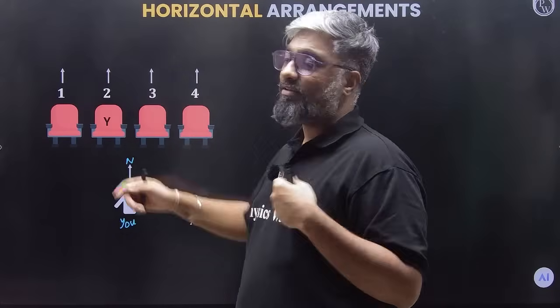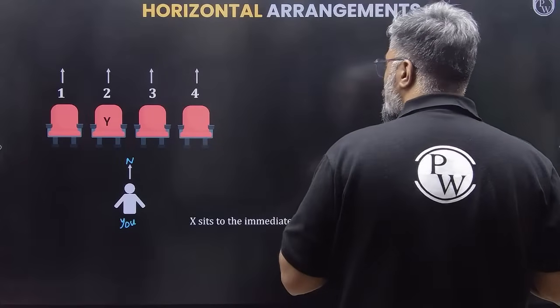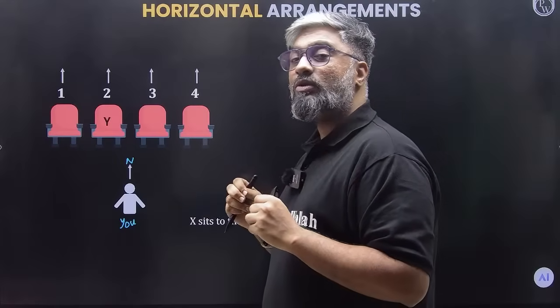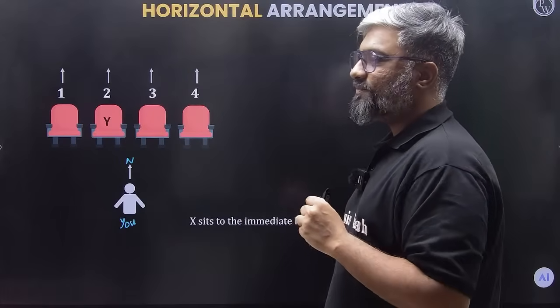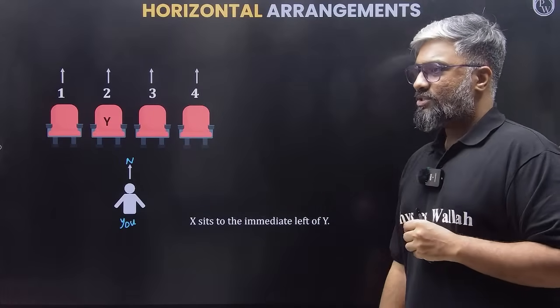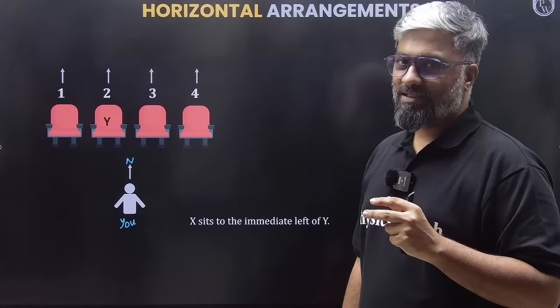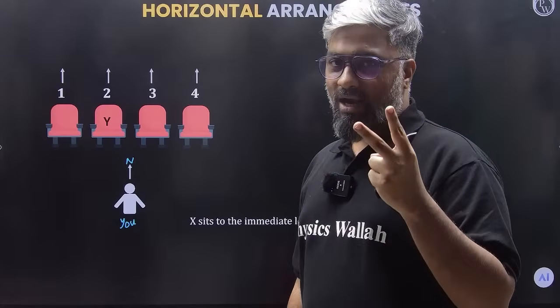Which direction is y facing? Like this. This is the direction in which y is facing. So when they say x sits to the immediate left of y, can you tell me where x would be seated? Will it be seat number 1 or seat number 3 or seat number 4? Majority of y'all are saying seat number 1, but there are still a few people who are saying seat number 3.